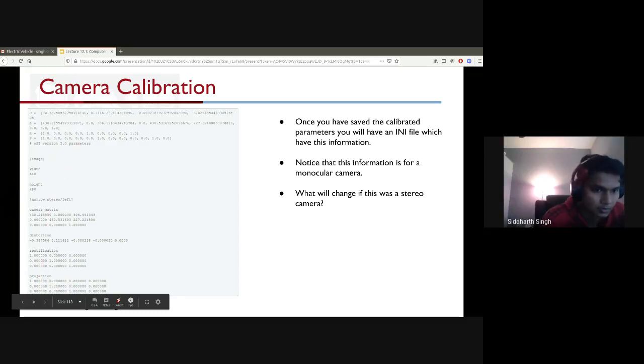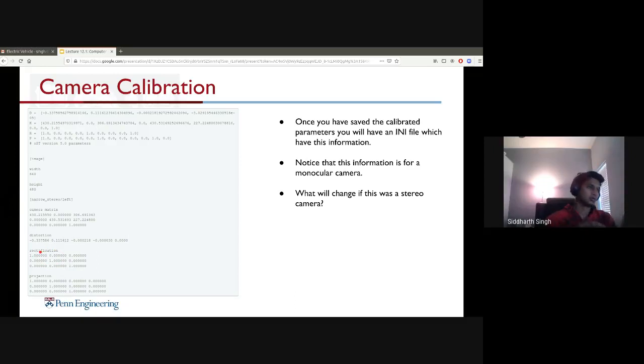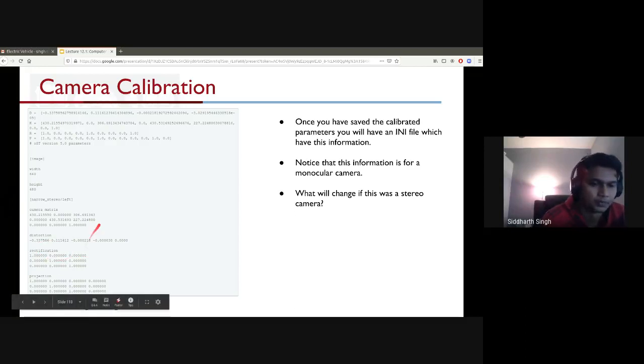The P leads to here. It's just a vector, just like this R, just like this K converted into this. You have the distortion coefficients and you have the rectification matrix if it was a stereo camera. In a stereo camera, you get the rectified image, which is the combination of the two images. It's identity because this is monocular, right?